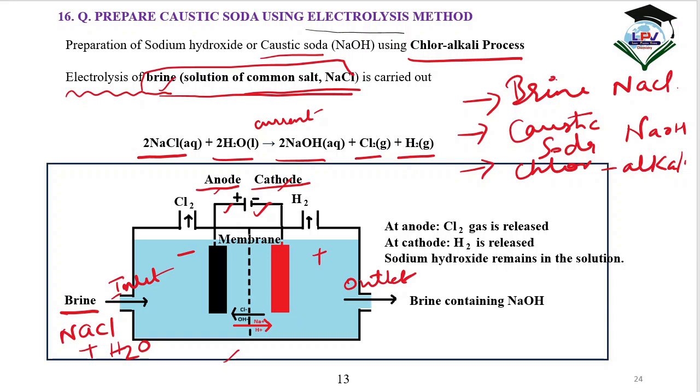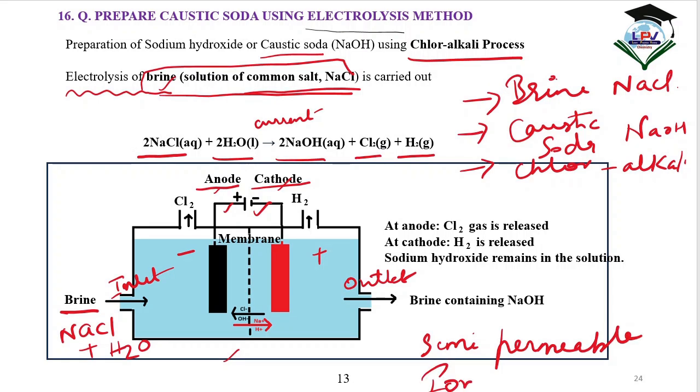Here you can see that there is a membrane in the partition of both compartments. This is a semi-permeable membrane, or an ion exchange membrane. This membrane is used so that the ions such as Na+ and H+, when they flow from one compartment to the other compartment, do not revert back.